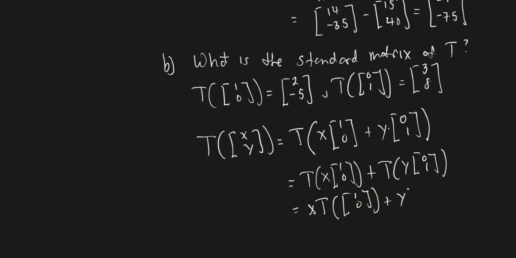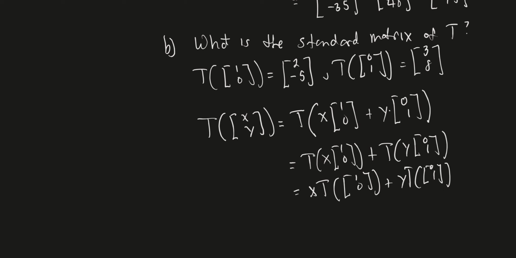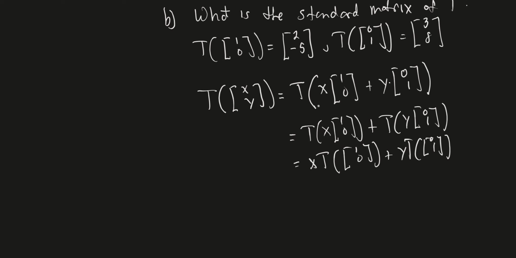And then similarly factor out the y. So we have this. And then now use the fact that T of (1, 0) is (2, -5). So we have (2, -5). And then T of (0, 1) is (3, 8). So we have y and then (3, 8).